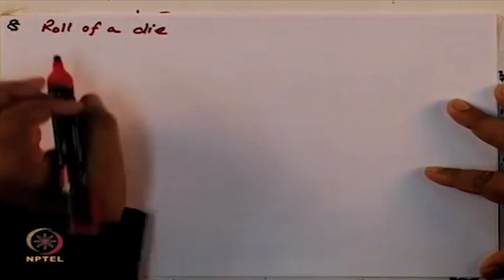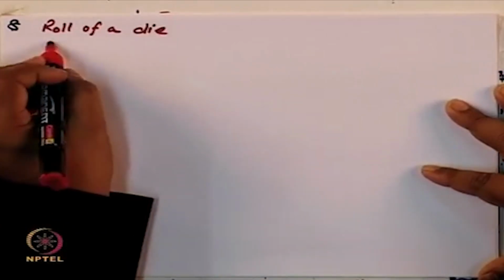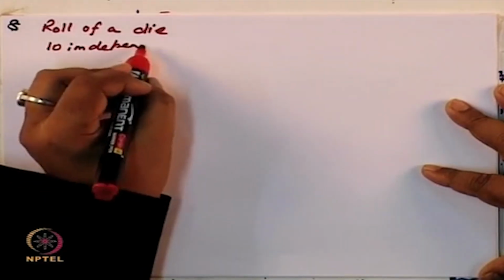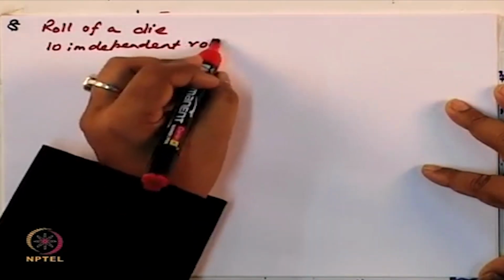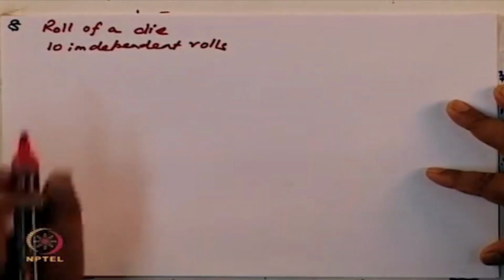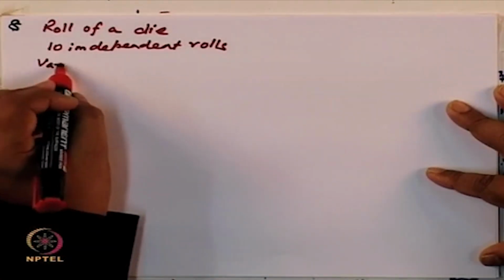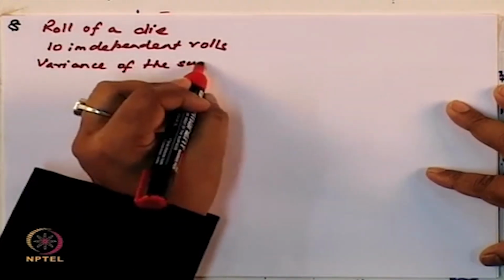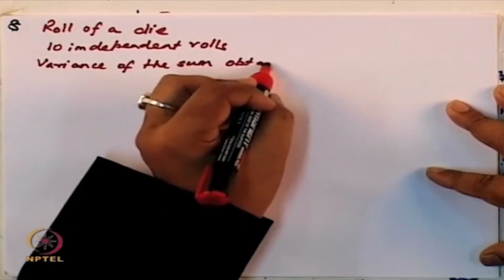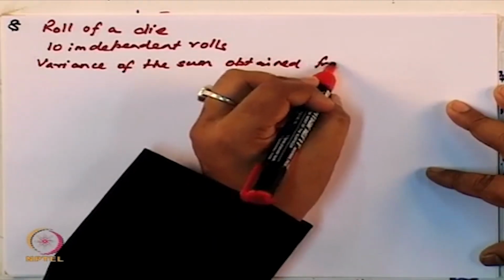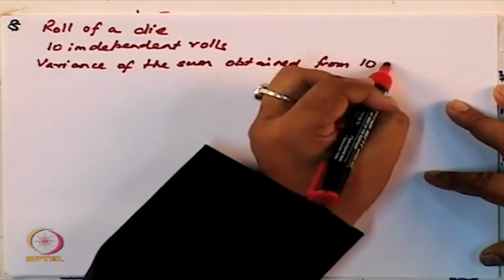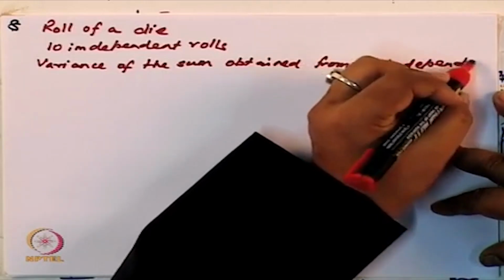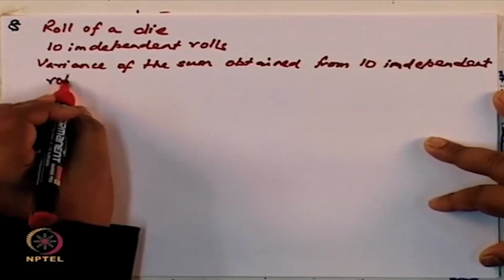And in this case, again let us say 10 independent rolls of the die, and you want to know the variance of the sum obtained from 10 independent rolls.